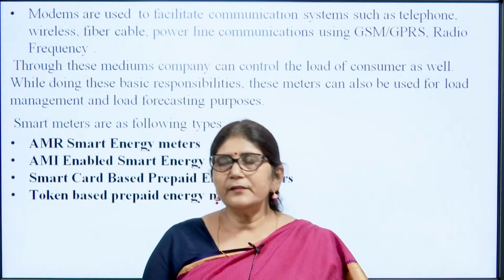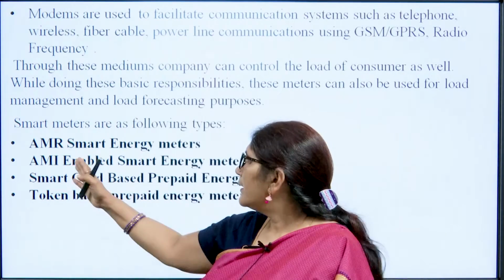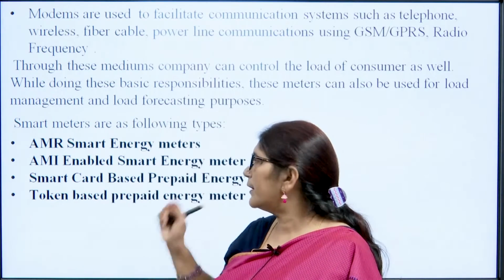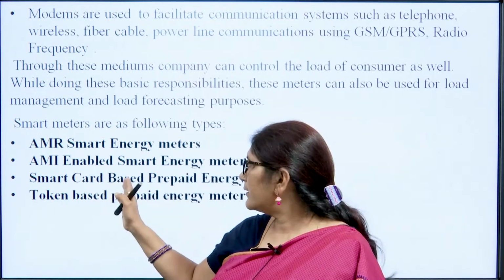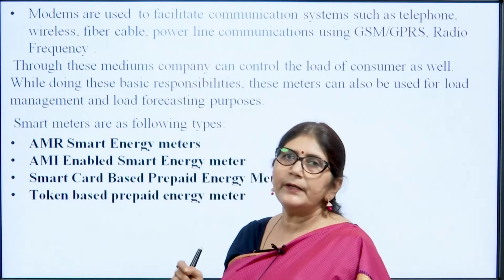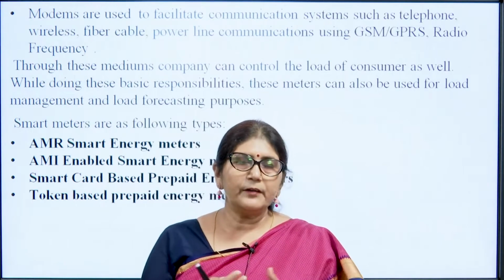So, smart meters can be classified into the following types: AMR smart energy meter, AMI enabled smart energy meter, smart card based prepaid energy meter, and token based prepaid energy meter. So, these are the types of energy meter that are used today.